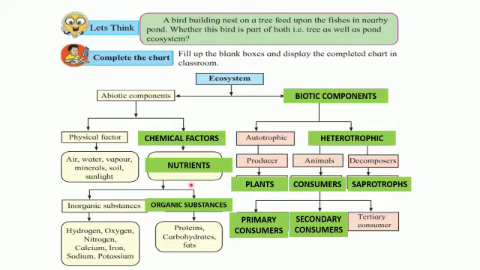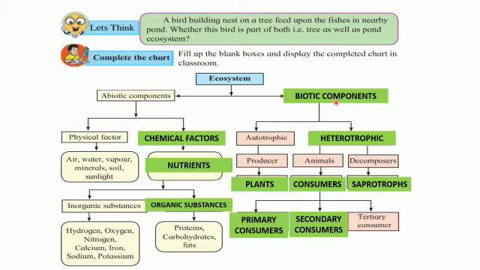Nutrients are of two types, inorganic and organic. Inorganic include hydrogen, oxygen, nitrogen, calcium, iron, sodium and potassium, whereas organic include proteins, carbohydrates and fats.